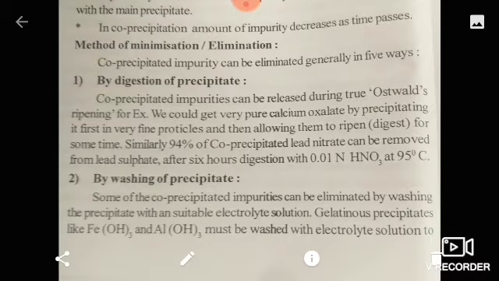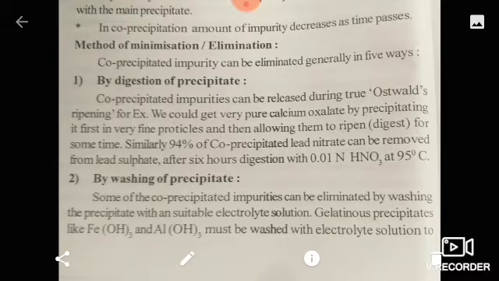For example, what is Ostwald ripening? It is nothing but digestion. For example, we could get a very pure calcium oxalate by precipitating it first in very fine particles and then allowing them to ripen, that is digest, for some time.